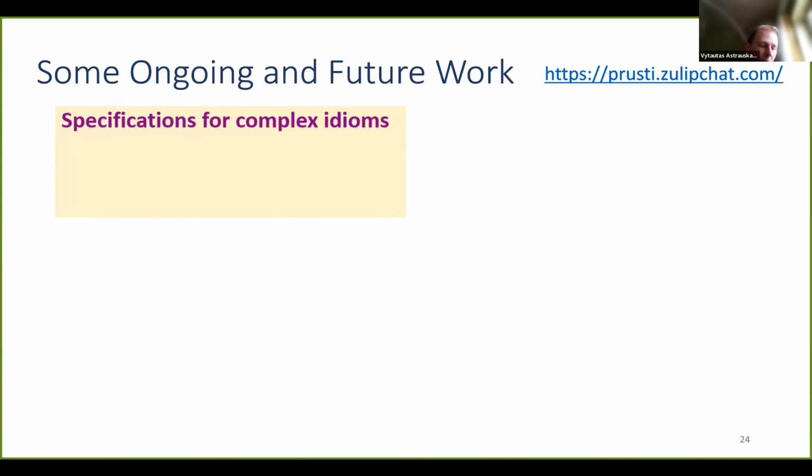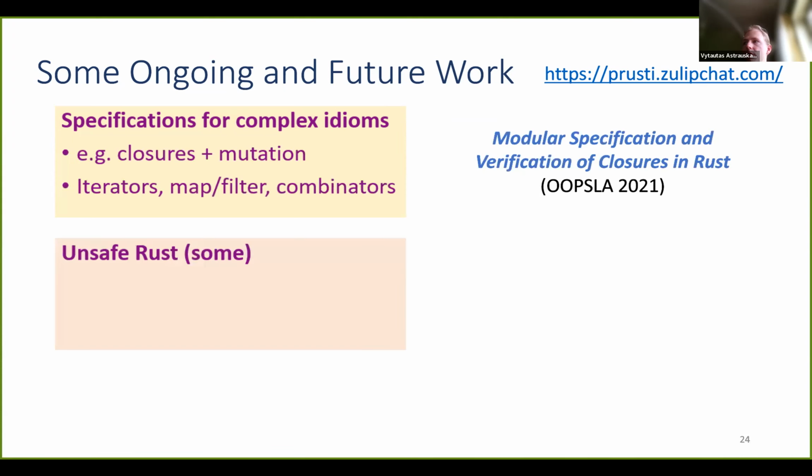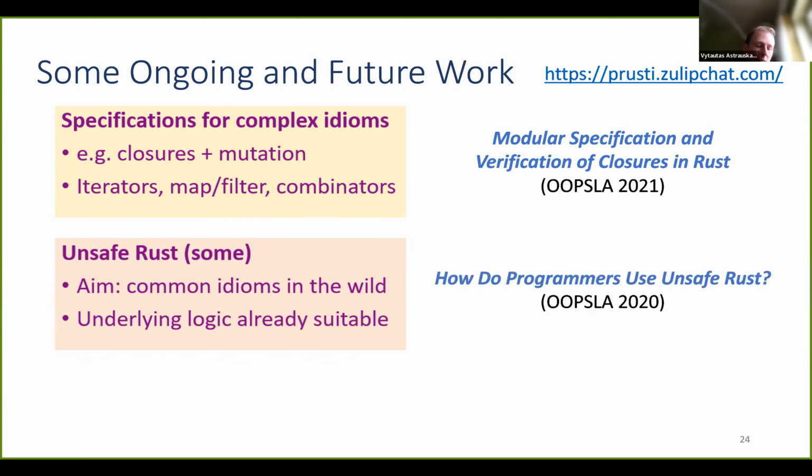Other work we have done so far is specifying more complex idioms like closures and iterators. We have a 2021 paper on that. We started exploring unsafe Rust. The aim is to explore common idioms that appear in the wild. Since we are based on separation logic, we already have the machinery needed to go in this direction.